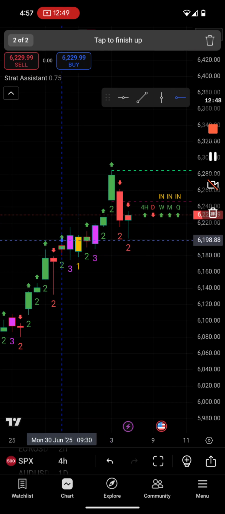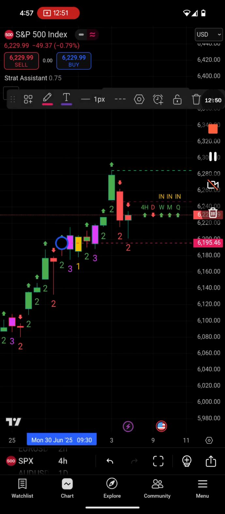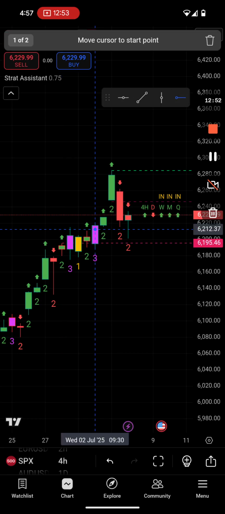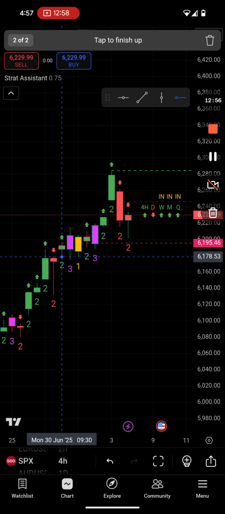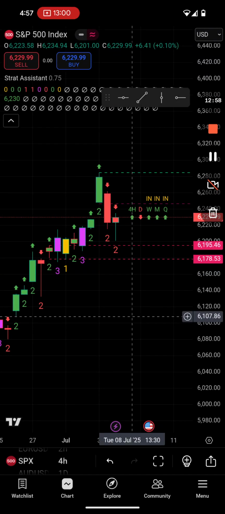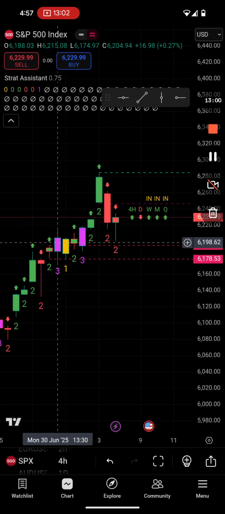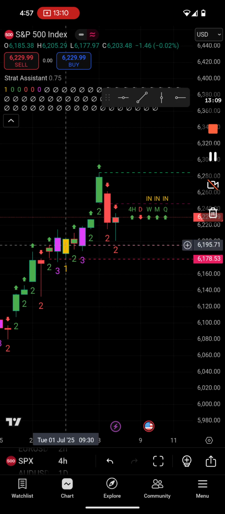What makes this a 3 is it took the high of this one and it took the low of this one. You see? So this 3 was once either a 2 up, failed, 2 down, or 2 down, failed, 2 up. But it's a 3. Then we get an actionable signal, 1.